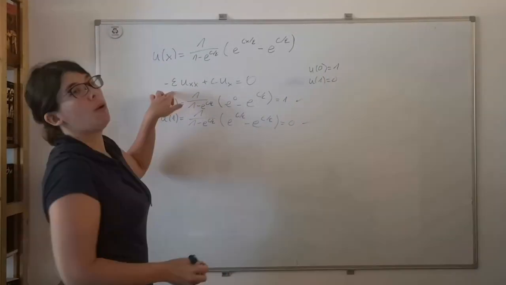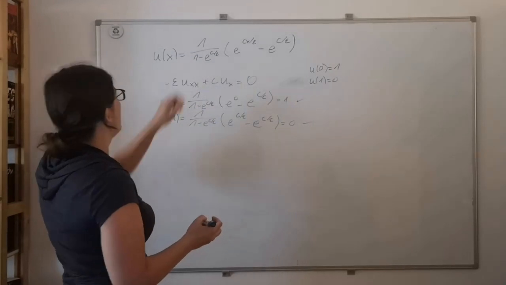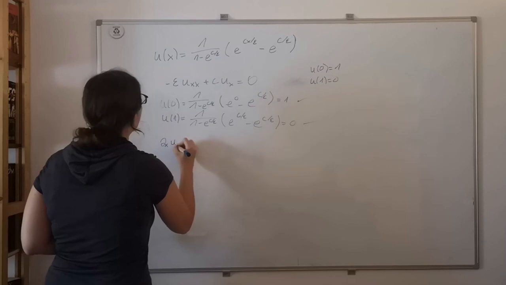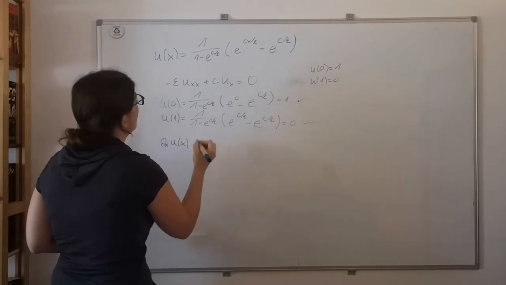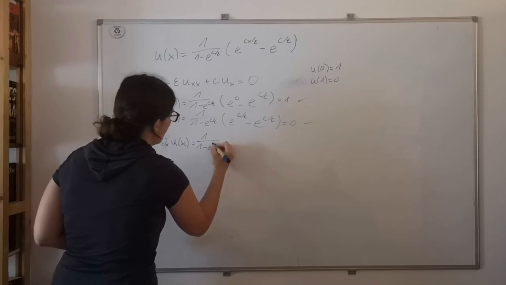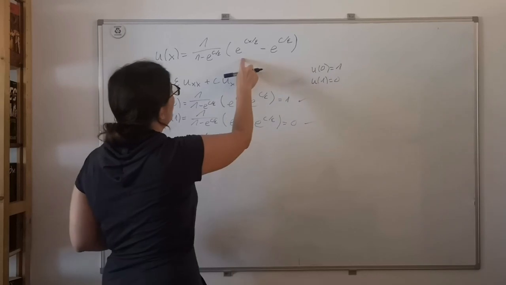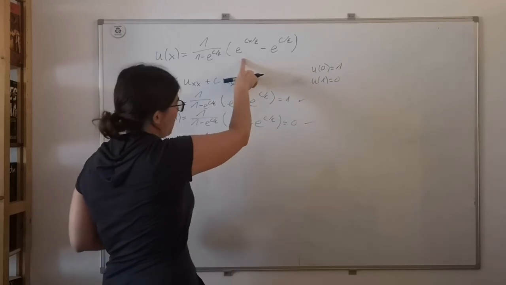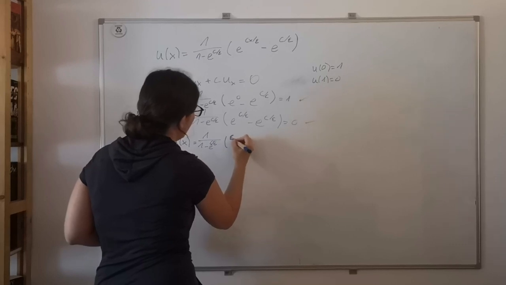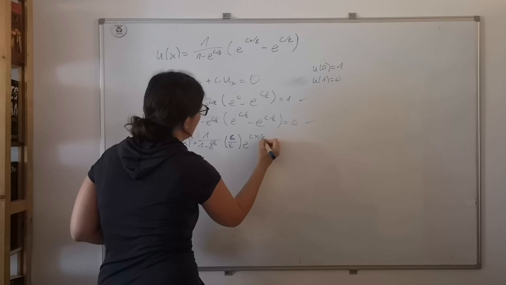Now we need to see that the equation itself holds. And for that we need to derive u of x. So dx u of x, let's derive it once. 1 minus e to the power of c divided by epsilon. So this term is just constant, and this term is obviously not constant, so then we get a c divided by epsilon e to the power of cx divided by epsilon.